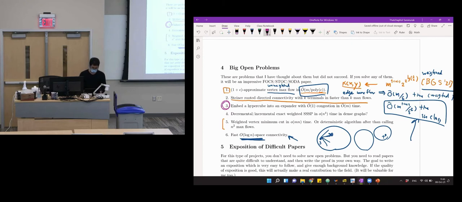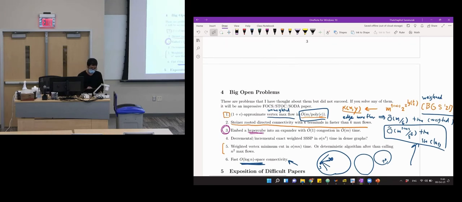Okay. So I mentioned in class as well that hypercube is an expander. But hypercube is a very, very nice expander, not just some expander. Like complete graph, a clique is a nice expander, but it's dense.